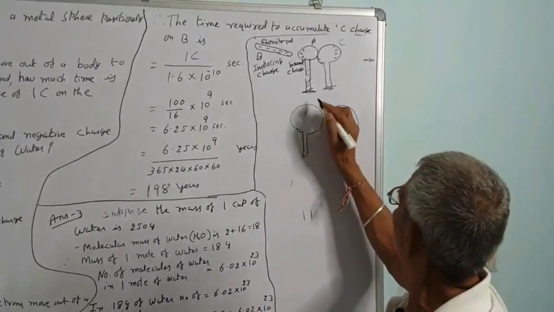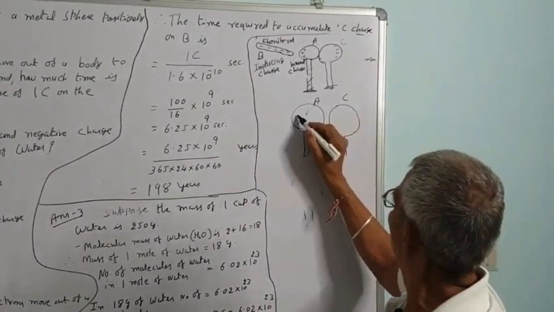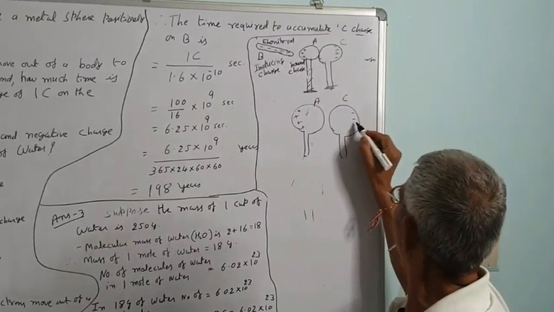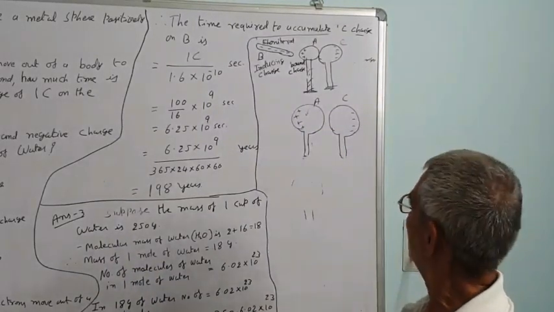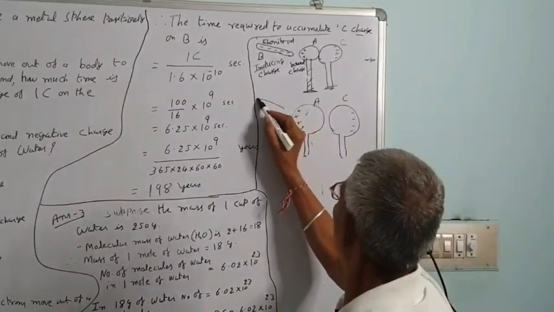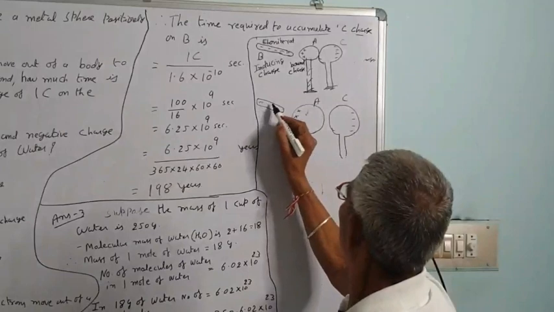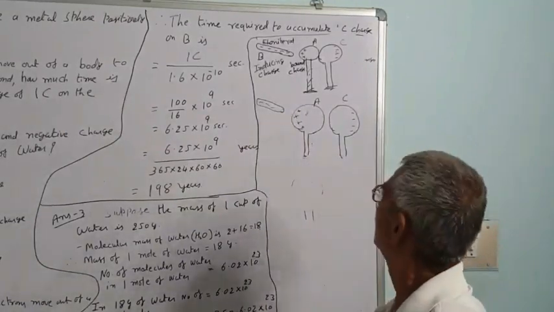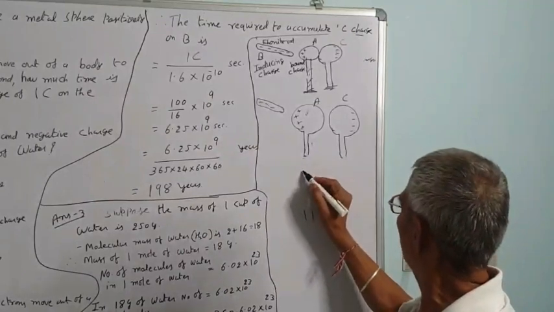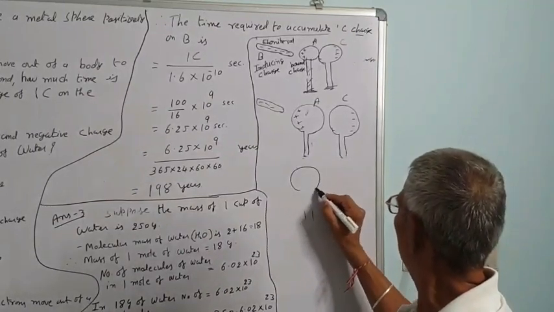A and C. This is positively charged, this is negatively charged. Now keep the spheres A and C more apart.